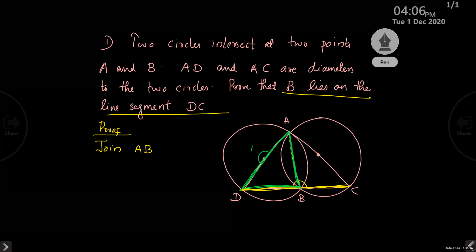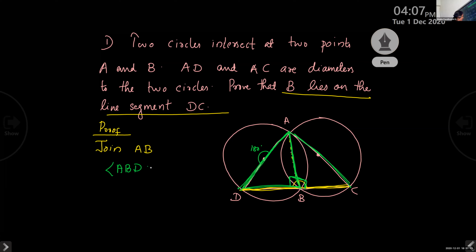If this is a diameter, this angle will be 90 degrees because the angle in a semicircle is 90 degrees. Same here also, AC is the diameter. So what about this angle? 90 degrees. So you got both the angles 90 degrees. What is the sum here? 180 degrees.